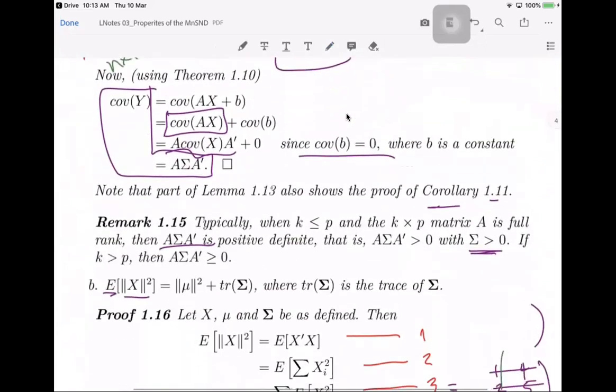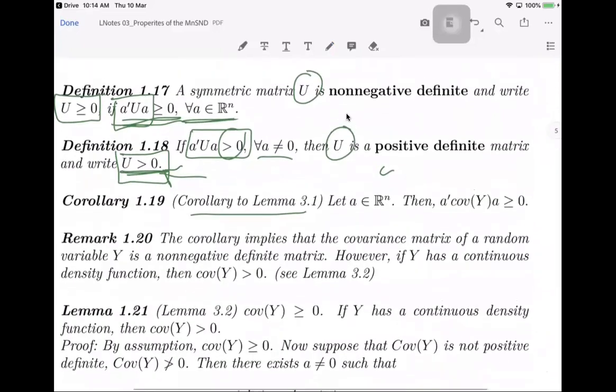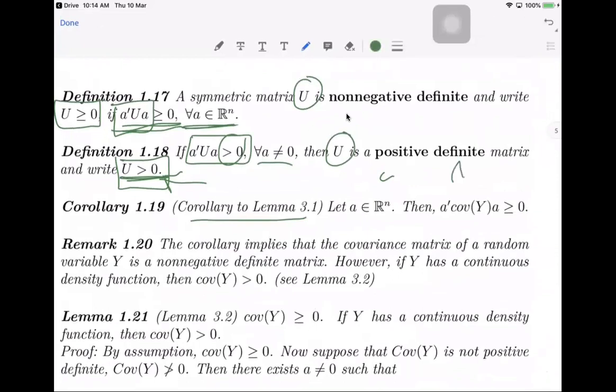When it is pre-multiplied, again, it is a matrix. But if it is just a vector, A prime, because our transformation is small A prime. So if A is an n by 1 vector, then this one is always non-negative definite.